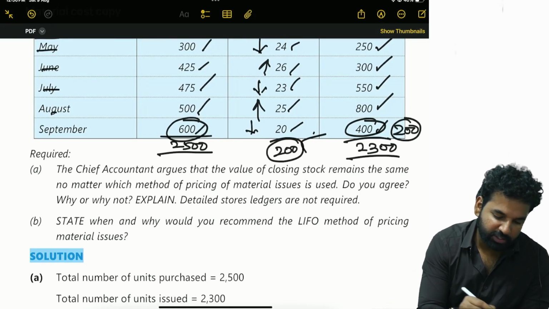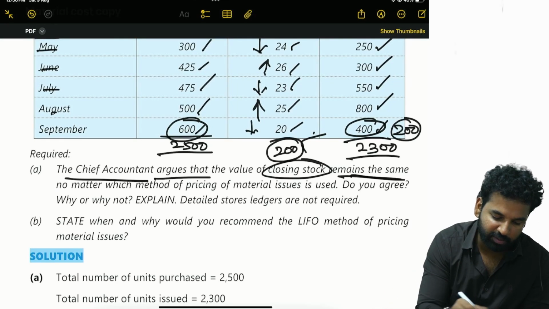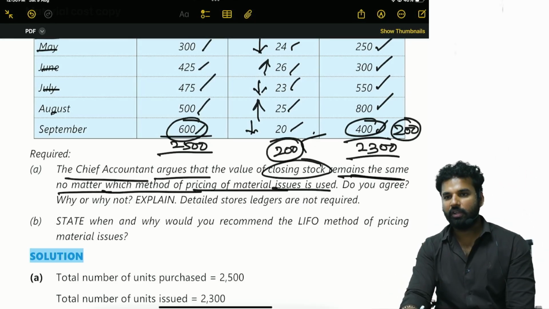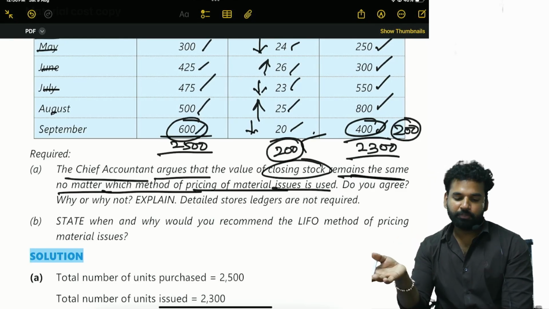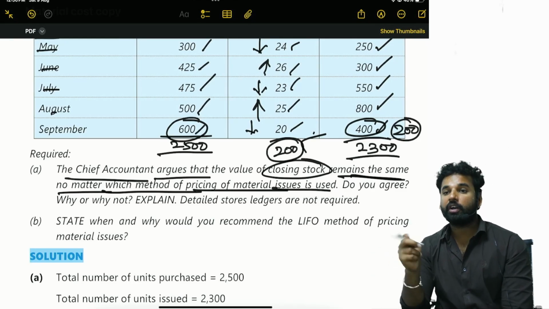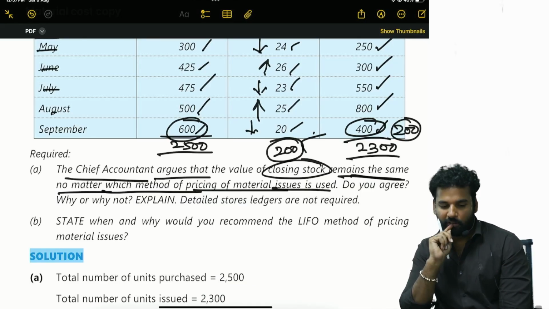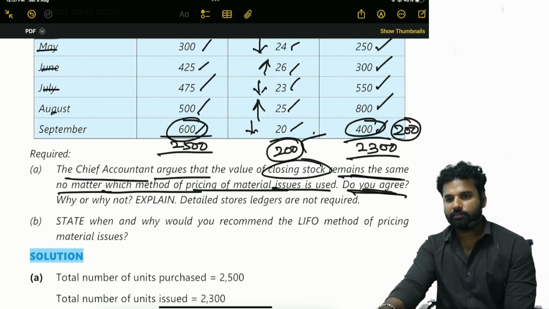See here, the chief accountant argues that the value of the closing stock remains the same no matter which method of pricing of material issues is used. That means whether LIFO is used or FIFO or whatever it may be, closing stock remains the same. That is the argument of the accountant, CMA. Do you agree with that? Is the question.